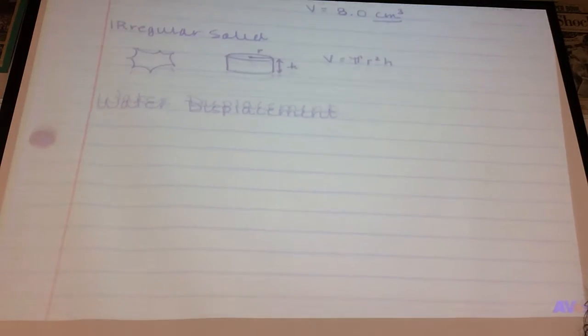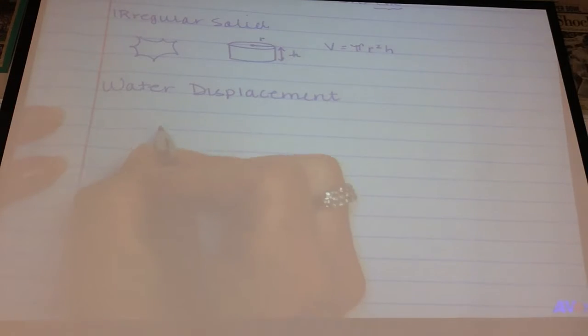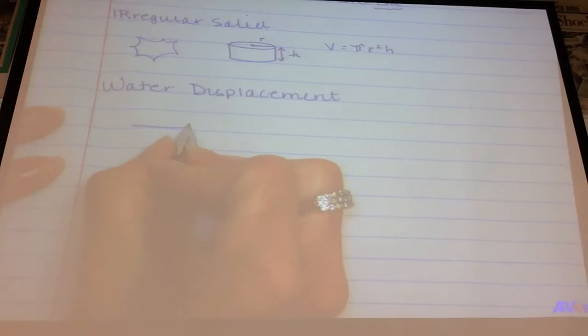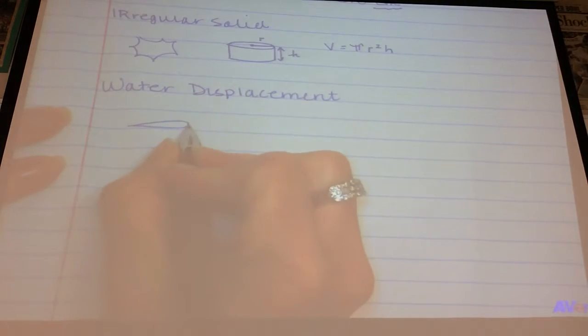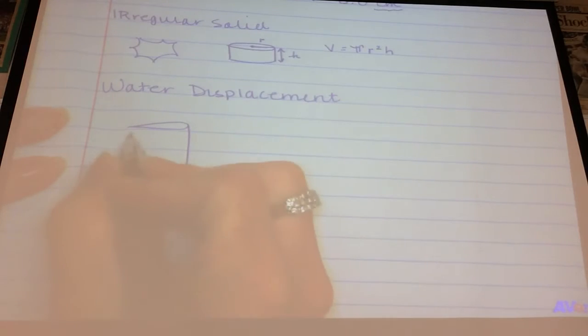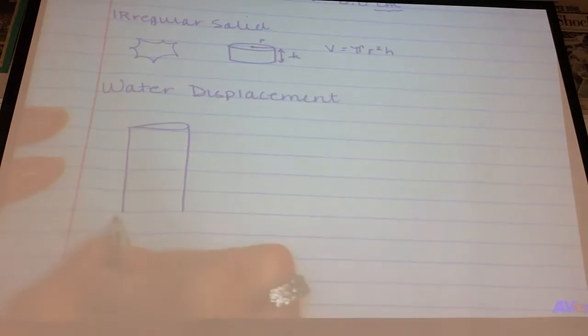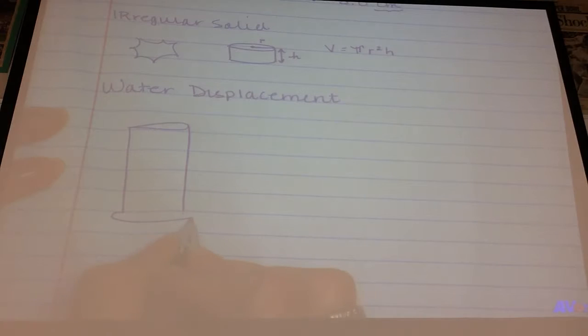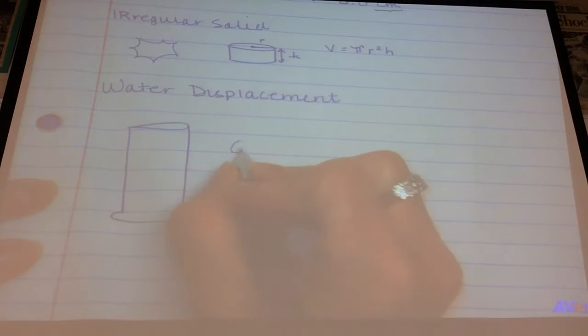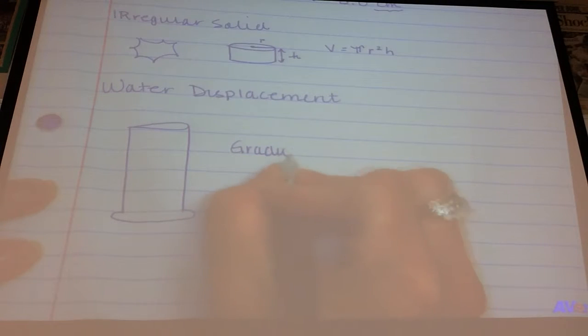And with water displacement, you can, as it sounds, displace water to determine the volume of your material. So this is a graduated cylinder.